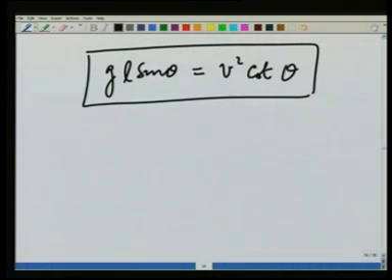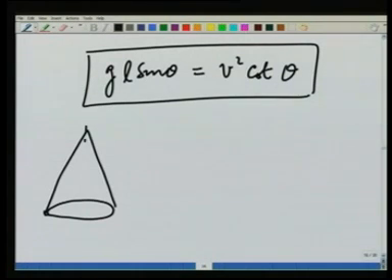To find T using the torque equation, I have to find another equation, and that equation comes if I take torque about this point. Earlier we took torque and angular momentum about that point.